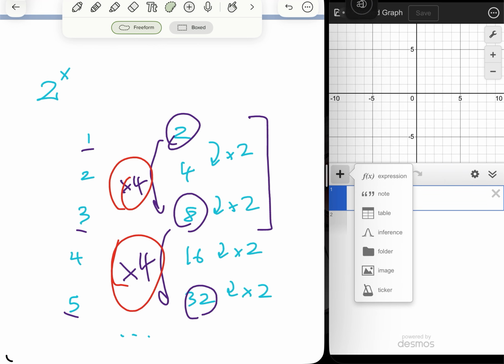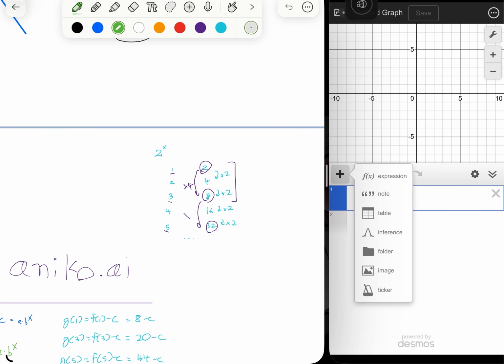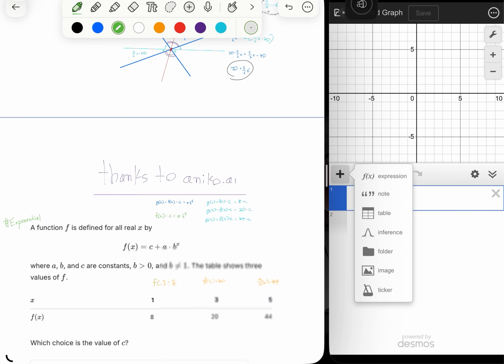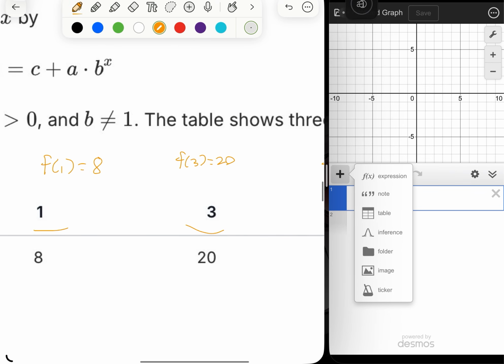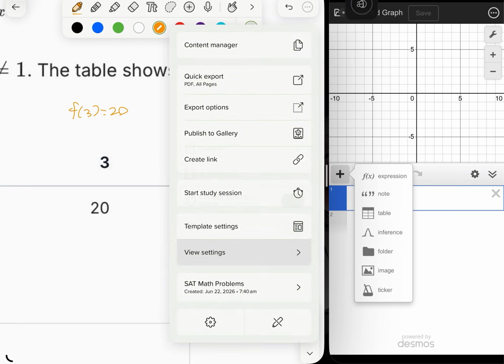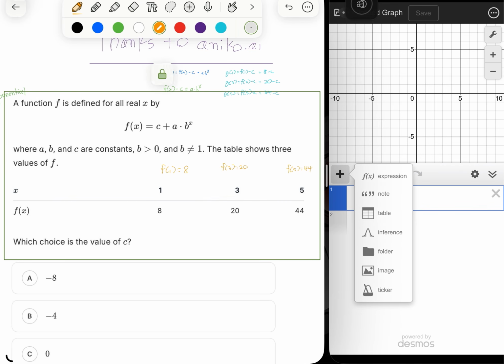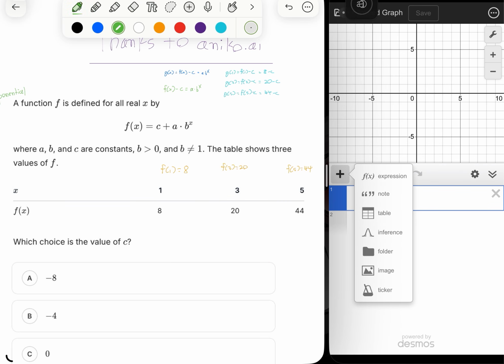So anytime you have x values that are evenly spaced apart, the ratios are going to be the same for a purely exponential function. Why is that important for this problem? Well, the reason is because we have three evenly spaced out values: 1, 3, and 5, which means you can make a ratio.